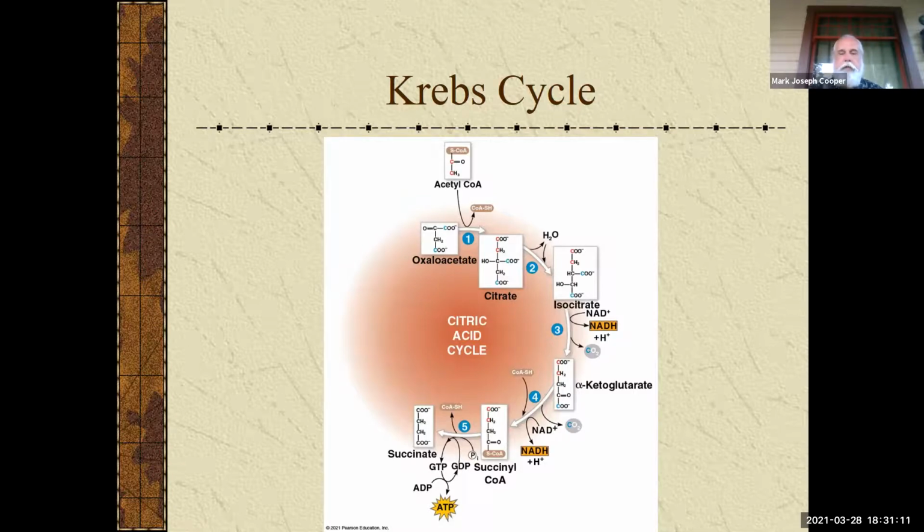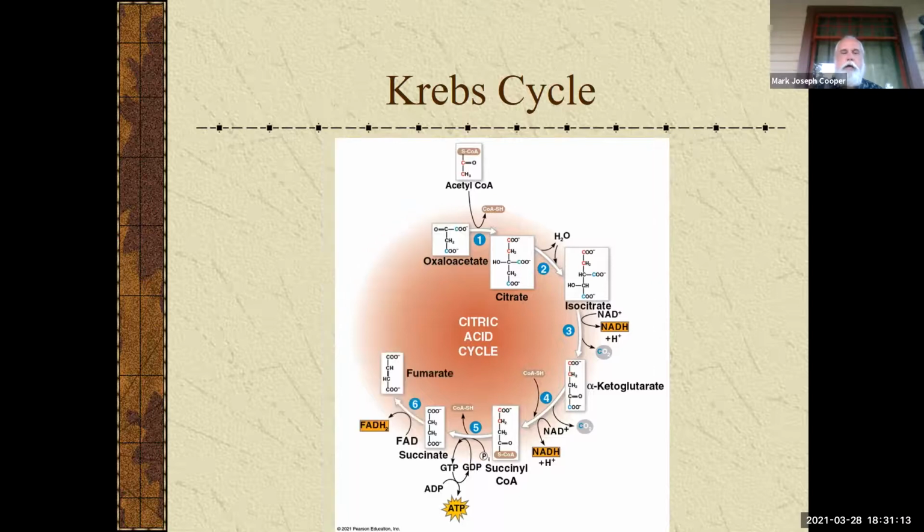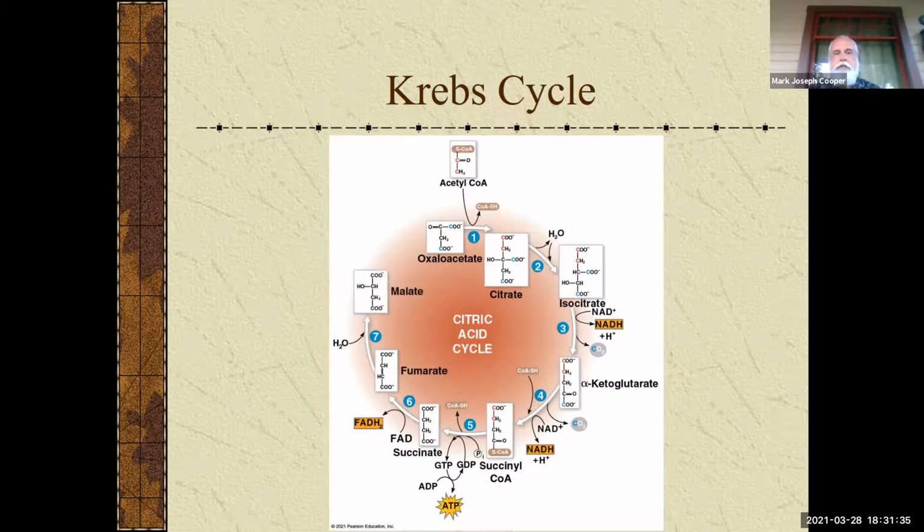Okay, then the succinate, again, a 4-carbon sugar, gets changed into fumarate. And again, I'm sorry, but none of these have letter abbreviations. And notice something a little different here happens. Instead of NADH, it's an FADH2. Okay, and then the next one is malate.